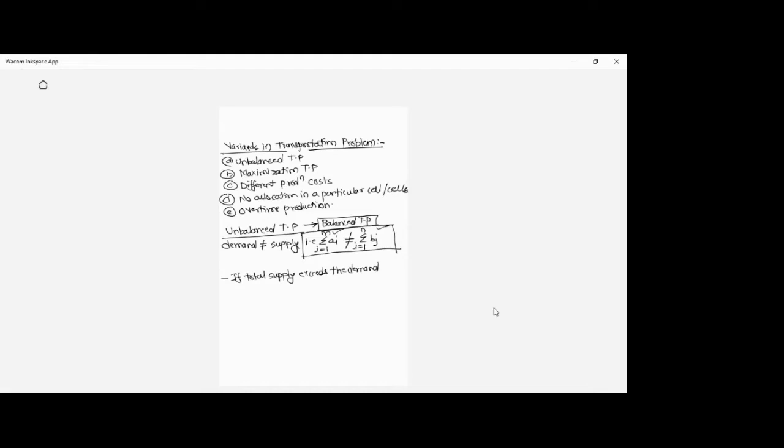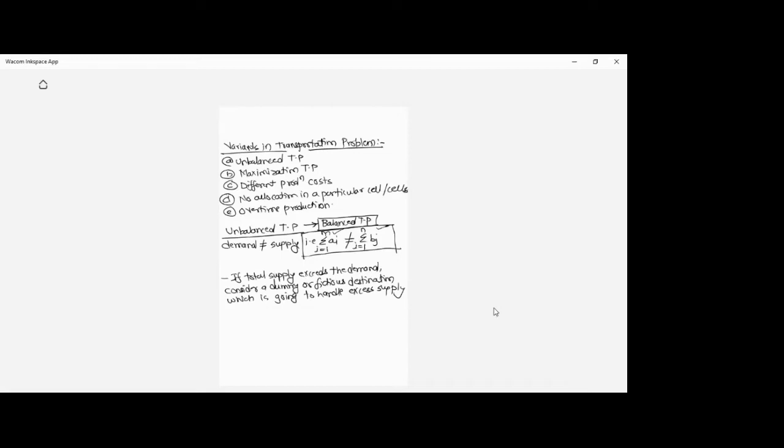If the total supply exceeds or is more than the demand, we are going to consider a dummy or fictitious destination which is going to handle the excess supply, right?